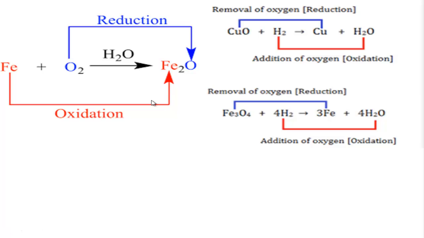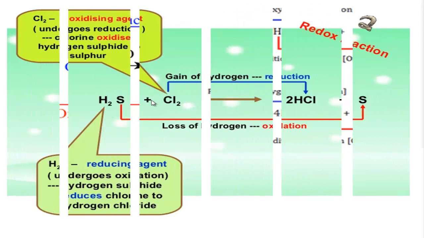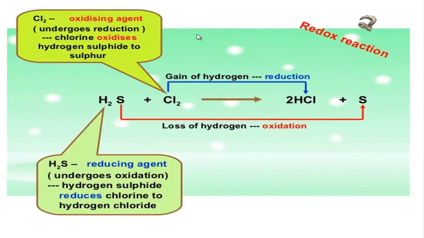Now in terms of hydrogen, gain of hydrogen is actually reduction and loss of hydrogen is actually oxidation. Follow here. When hydrogen sulfide reacts with chlorine and is converted into hydrogen chloride and sulfur, in this reaction hydrogen sulfide is converted into sulfur, that means with the removal of hydrogen.